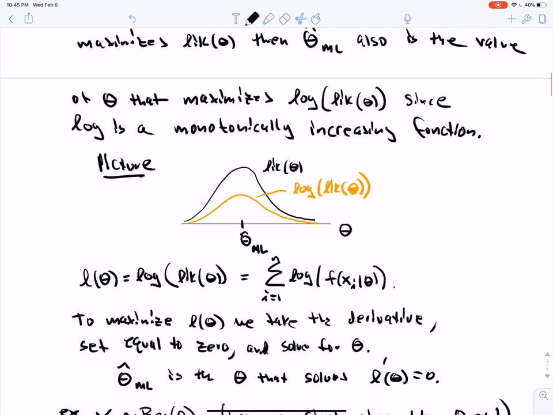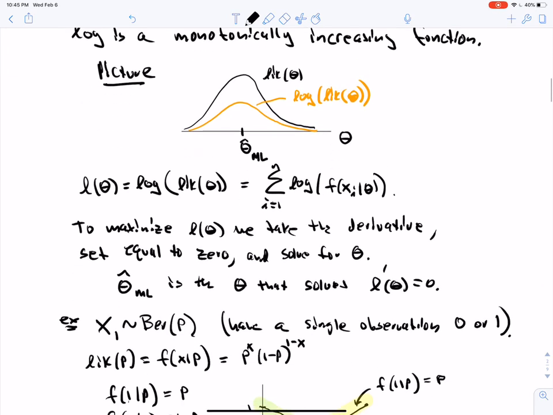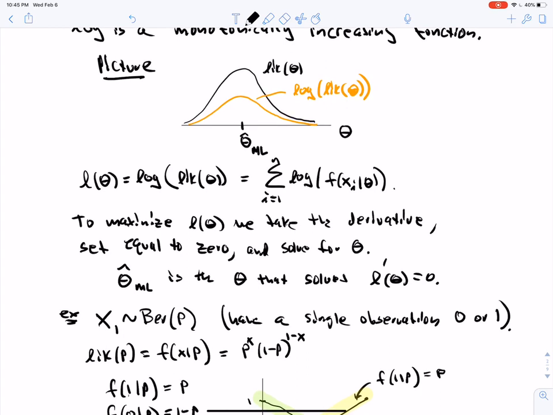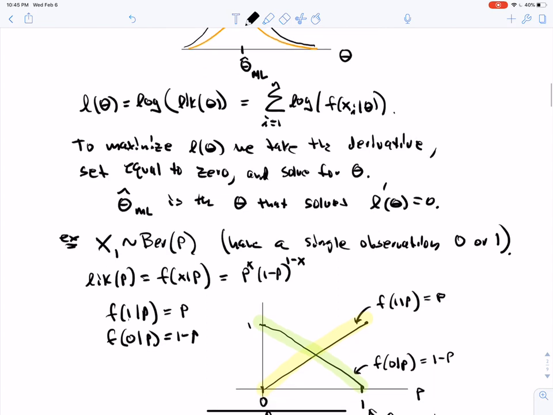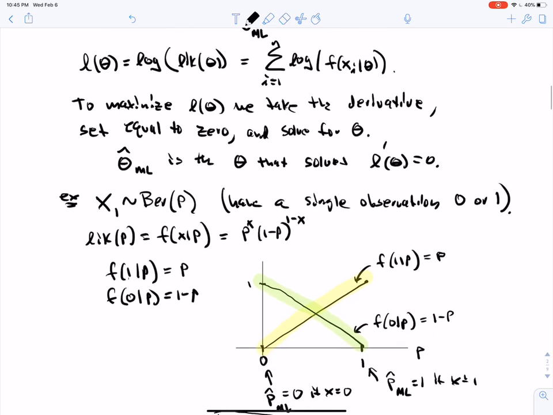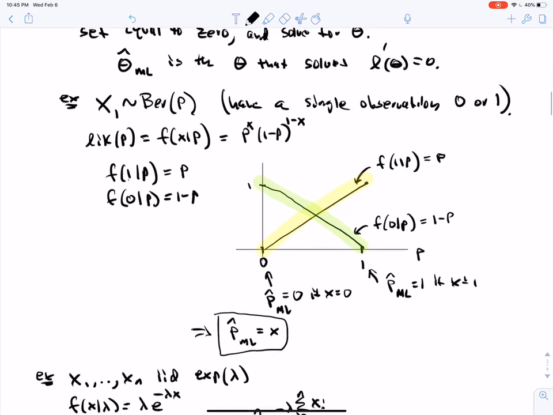So I have a picture here to illustrate what I mean. So, taking the log, we get a sum of logs, and we take the derivative, set equal to 0, solve for theta.